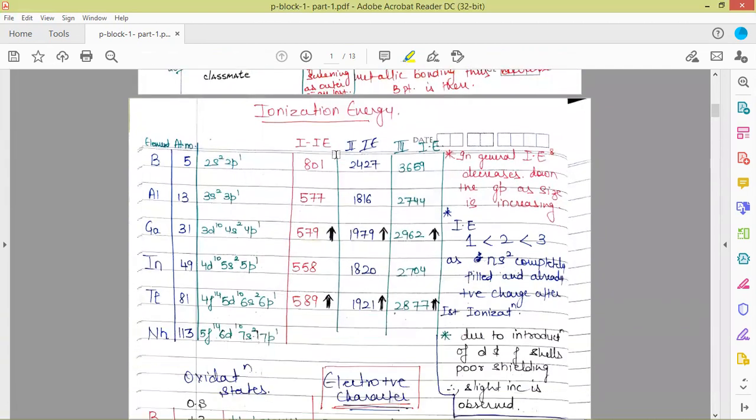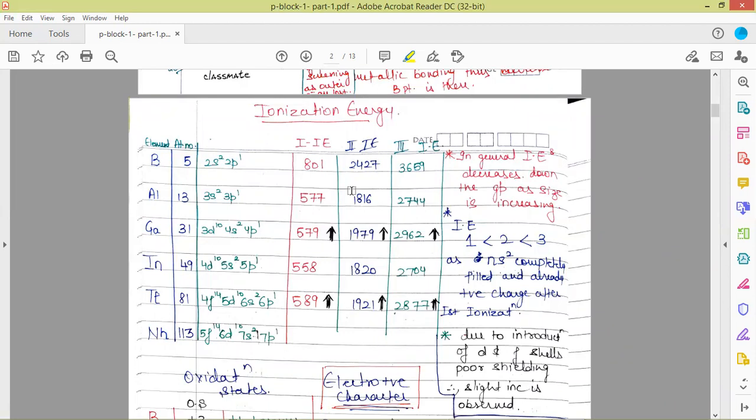So next we have ionization energies. Here we have written all three ionization energies, that is ionization energy 1, 2, and 3, for all the group 13 elements. If we compare the three ionization energies for different elements, we can see that successive ionization energies are greater in comparison to the previous ones.